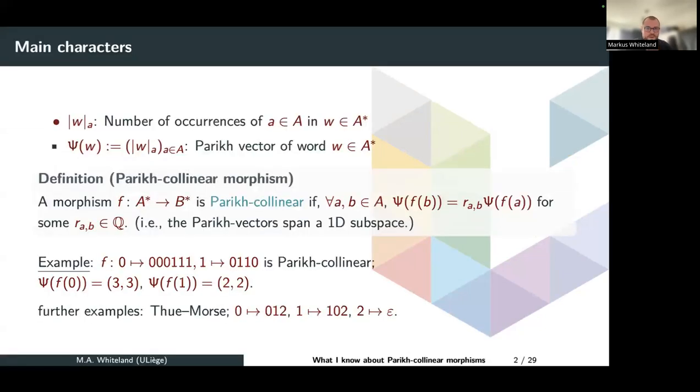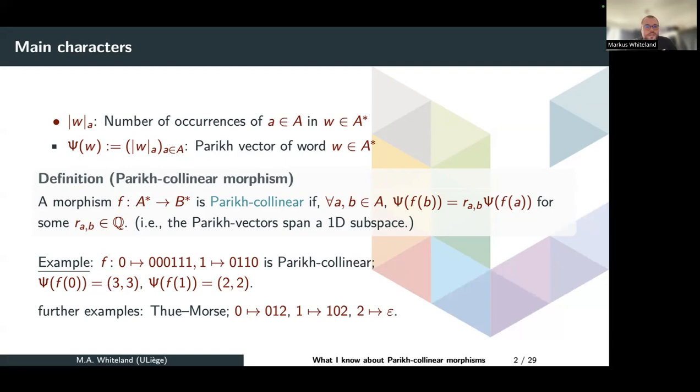Now a Parikh-collinear morphism is a morphism from the alphabet A to B star, and we call it Parikh-collinear if for any pair of letters a and b, the Parikh vectors of the images of these letters are linearly dependent.